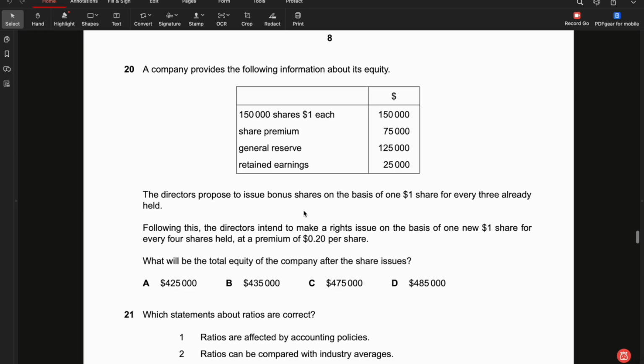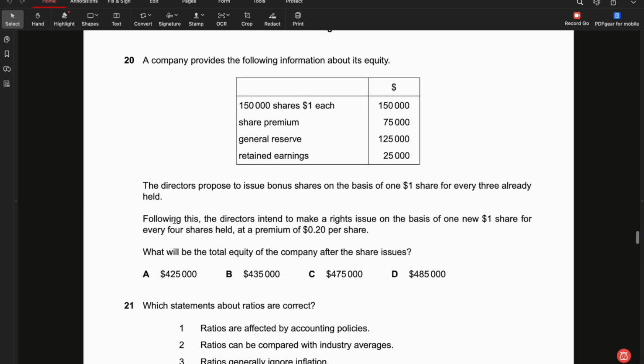First one is the bonus shares. Second one, following this, the director intends to make a rights issue on the basis of 1 share for every 4 shares held at a premium of 0.12 per share. Okay. Then they are asking you, what is the total equity of the company?